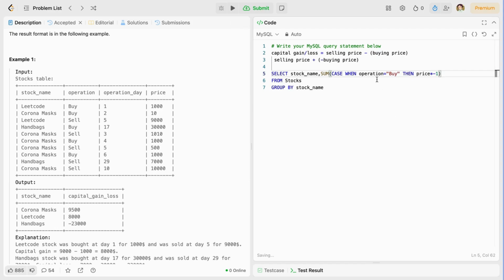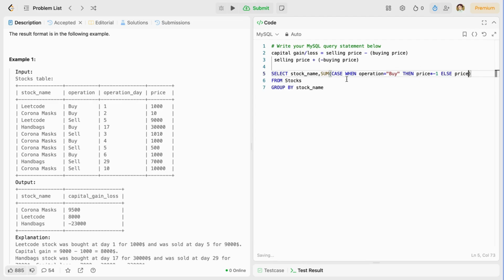Why? Because all the buying prices will be negative, and else what I'm going to do is price into 1, which doesn't matter. If you multiply it with 1, or if you don't multiply, it doesn't really matter.